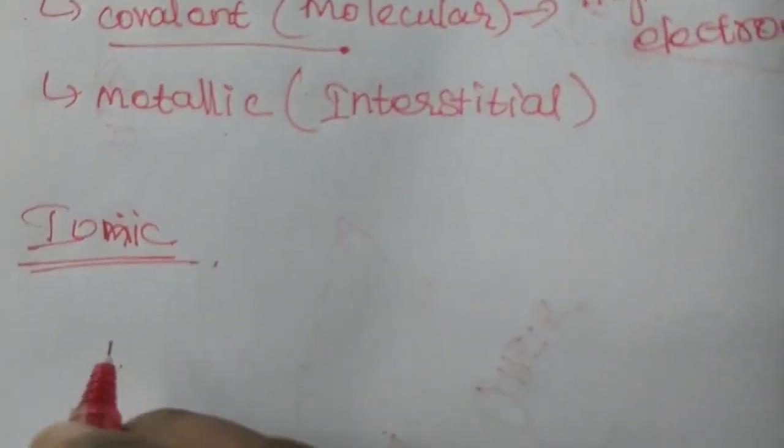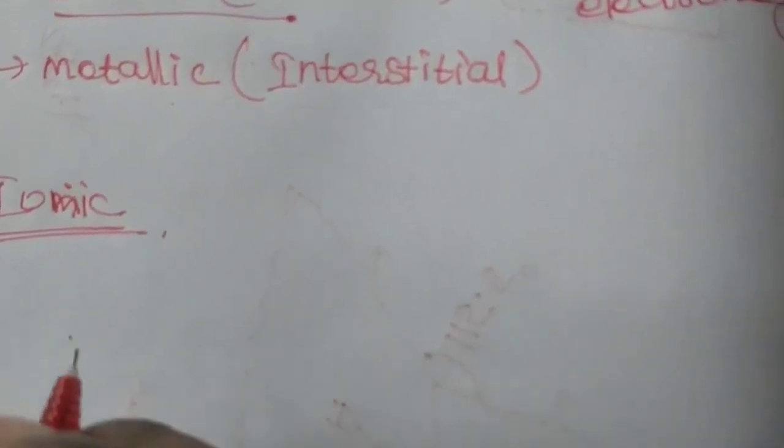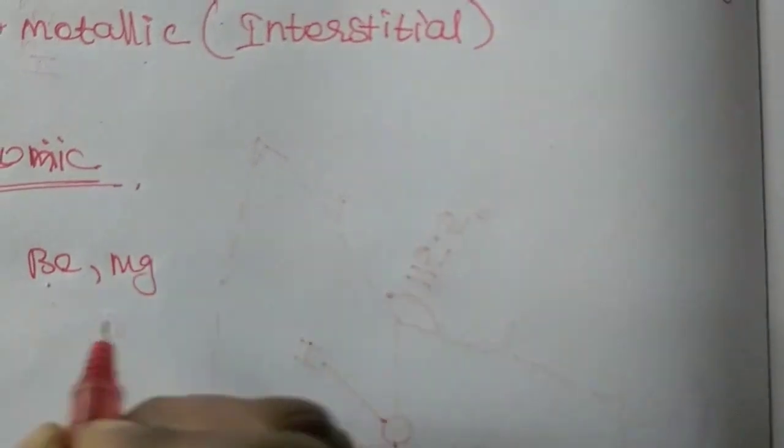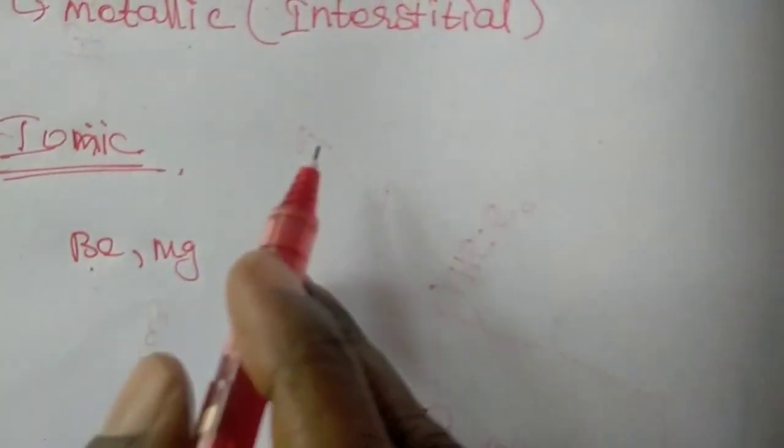But here we have some exception cases in the alkali and alkaline earth metals: beryllium and magnesium. Both are exceptions in the ionic form. They can't form ionic compounds in combination with hydrogen.